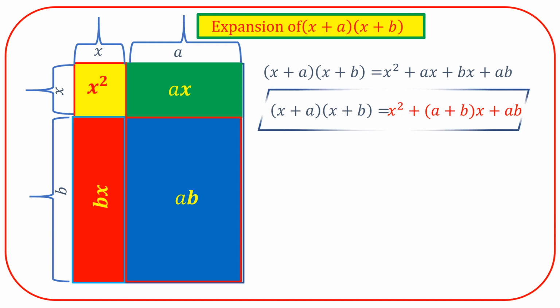Now this is the formula: (x + a) into (x + b) is equal to x square plus (a + b) into x plus ab.